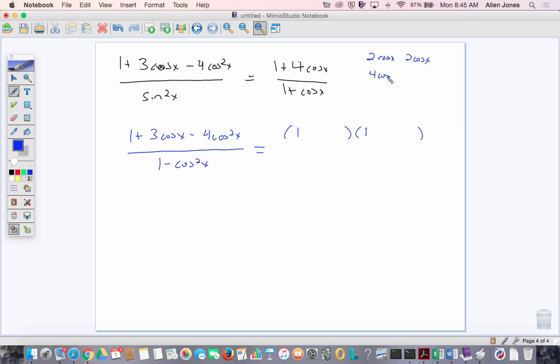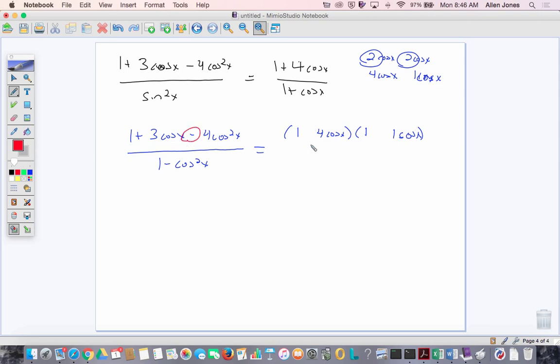I can take 2 cosine times 2 cosine, or I can take 4 cosine times 1 cosine. With those two choices in mind, I want to have a positive 3 in the middle. When I add 2 and 2 in any combination, I can't get 3, so I want to use the 4 and the 1. So 4 cosine and 1 cosine are the second factors here.